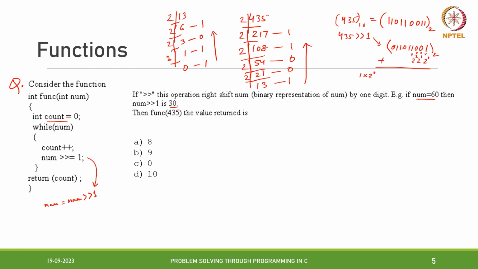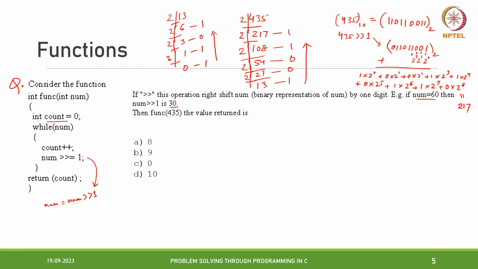This is 1 into 2 to the power 0, 0 into 2 to the power 1, plus 0 into 2 to the power 2, 1 into 2 to the power 3, 1 into 2 to the power 4, 0 into 2 to the power 5, then 1 into 2 to the power 6, 1 into 2 to the power 7, plus 0 into 2 to the power 8. If you calculate this, the value will come out to be 217.